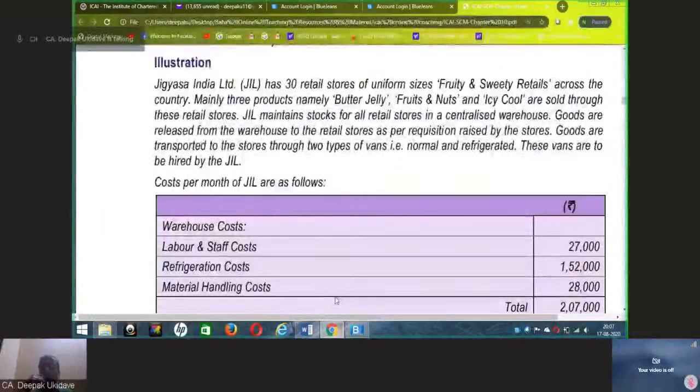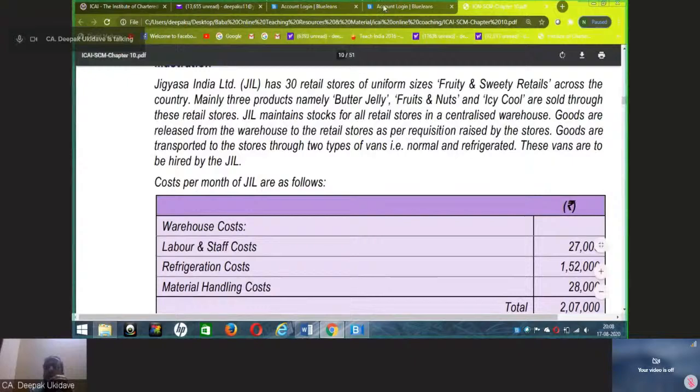So we look at the case study on direct product profitability. You are given a situation. A company has 30 retail stores of uniform sizes. Name of the store is Fruity and Sweetie Retails.